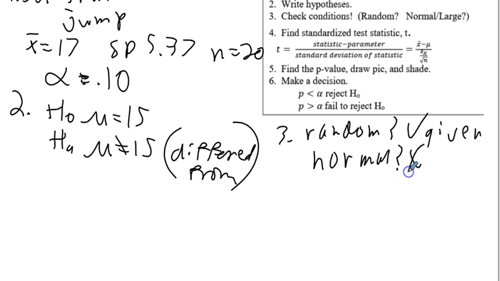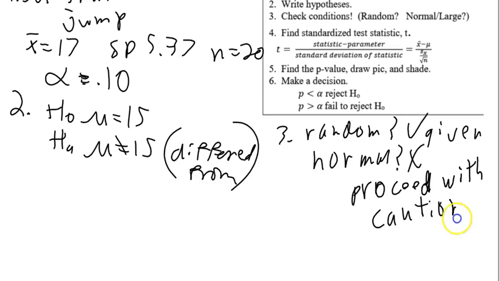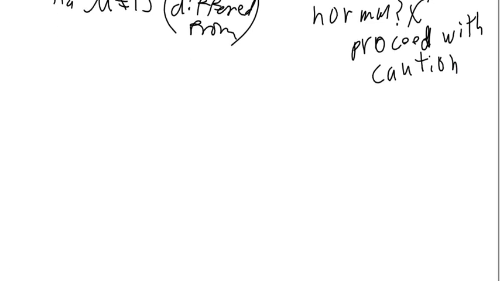So that's a big old no. So we have to write down, proceed with caution. There might be one like this on your review for the quiz. I don't know. So if it does not meet those requirements, you write proceed with caution. Take it with a grain of salt, in other words.